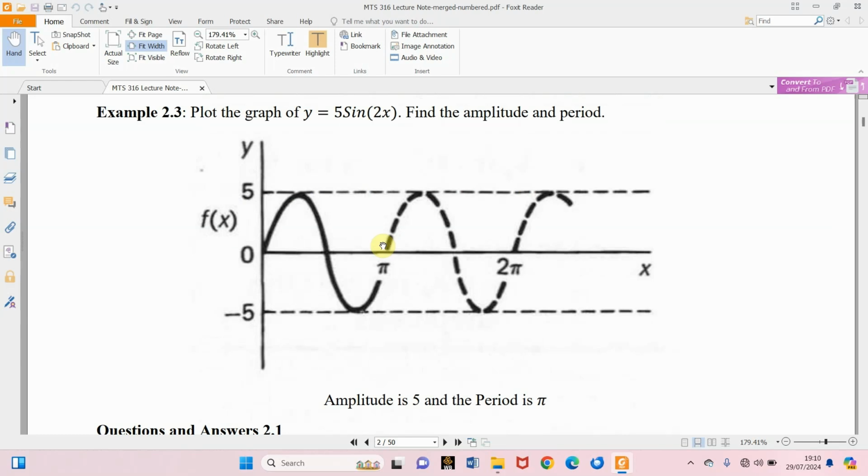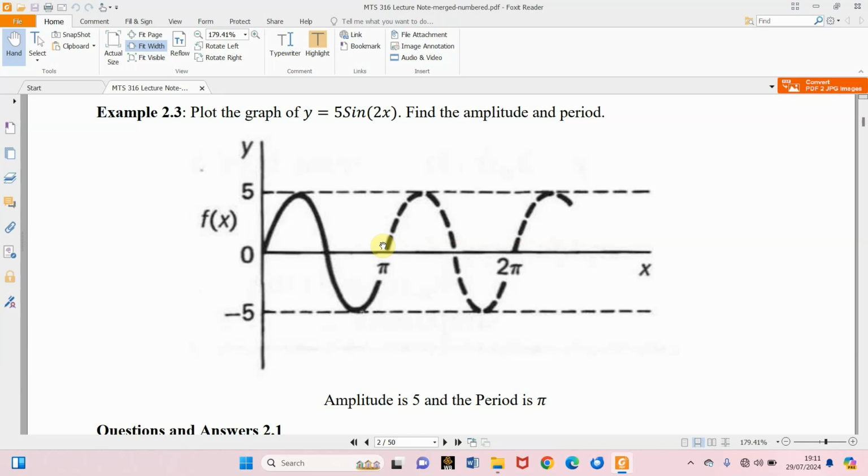Between 0 and pi, that function is back again to 0, because 5 sine 2 pi, that is 5 sine 180, is indeed 0. So the amplitude here is 5, while the period is pi.